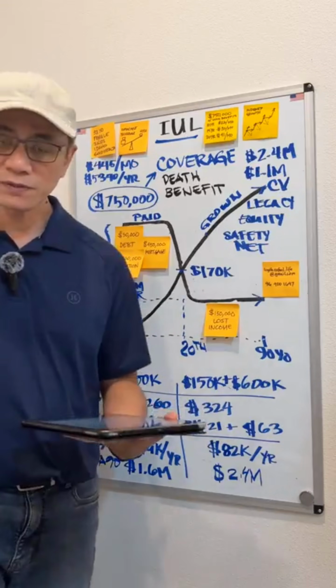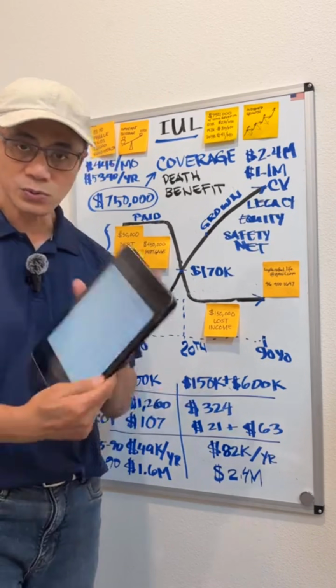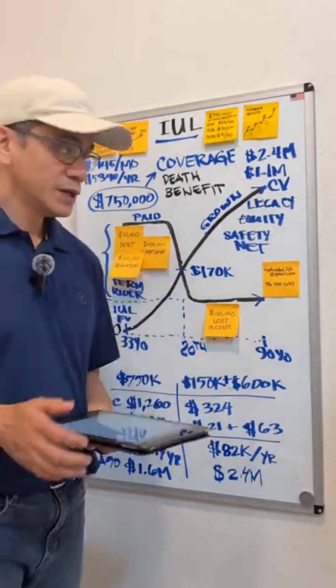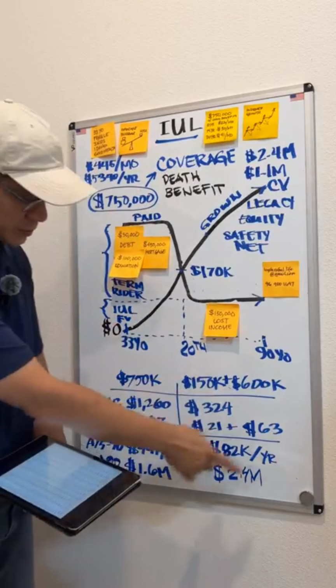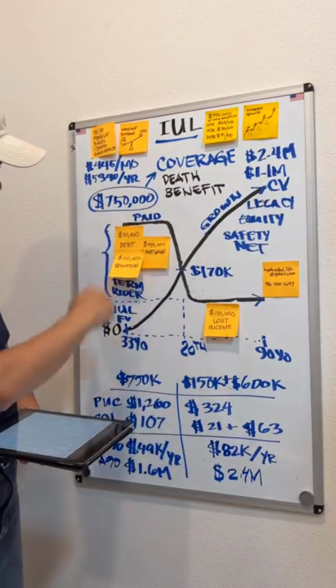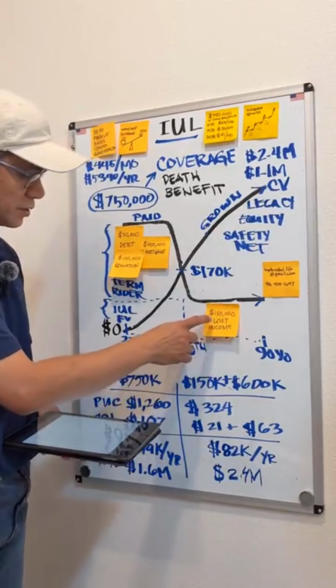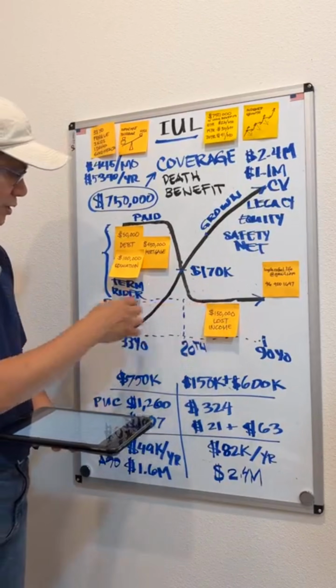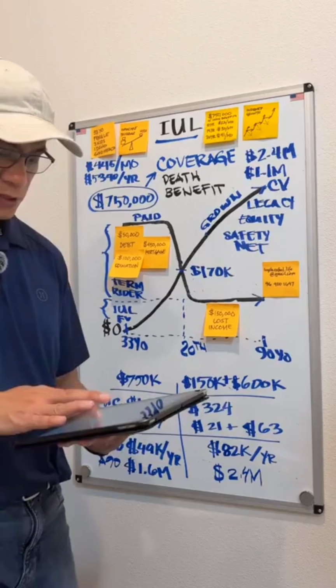Now, for this specific episode, I wanted to use the illustration and stress test this particular design, this structure where we only have $150,000 face value in the IUL, and the remaining $600,000 was put in a term rider.